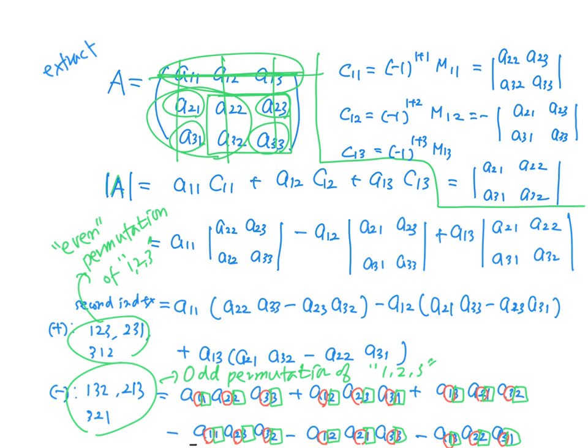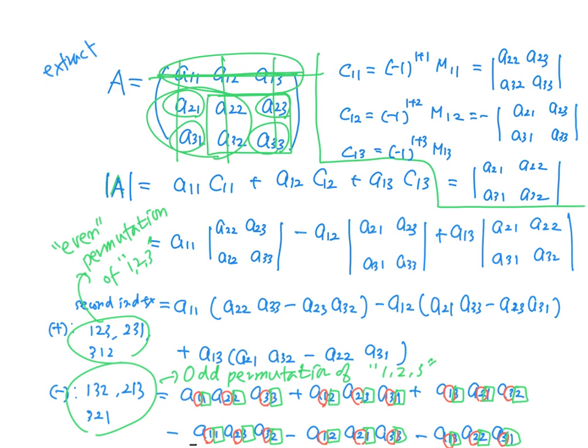Or if it is written as 1, 3, 2, 2, 1, 3, or 3, 2, 1, so the second indices are arranged into an odd permutation, you have a minus sign. So let's write down this way. Now we figure out the general rules.